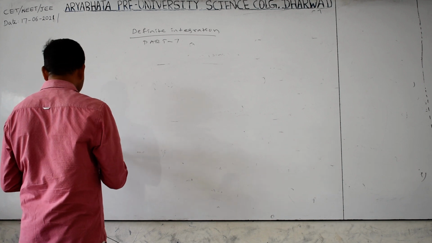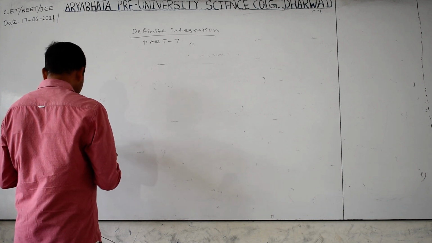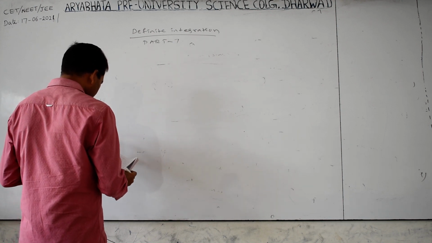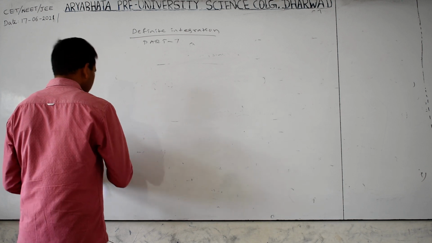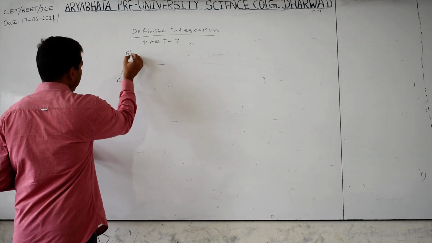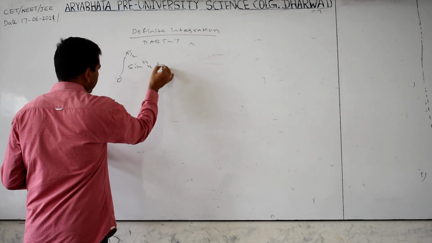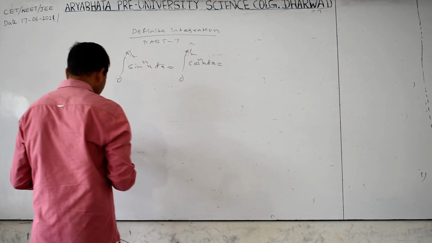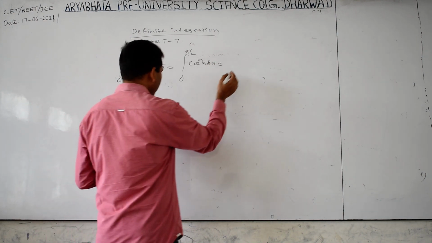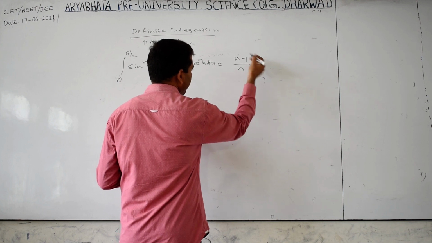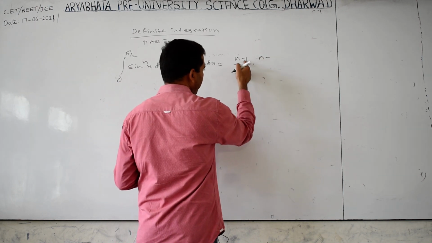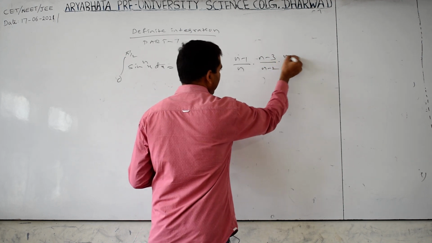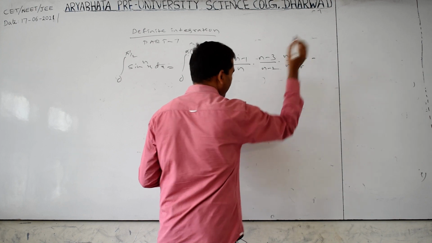Next, 164, 165 direct formulas. Now onwards, we'll discuss some standard formulas. Integration 0 to pi by 2 sine power nx dx is equal to 0 to pi by 2 cos power nx dx, equal to n minus 1 by n, then decrease by 2 in numerator and denominator: n minus 3 by n minus 2, n minus 5 by n minus 4, and so on.